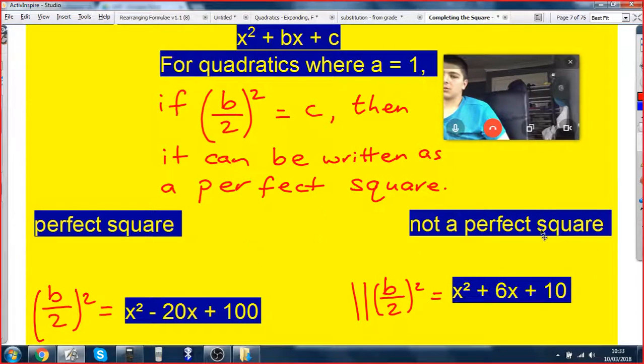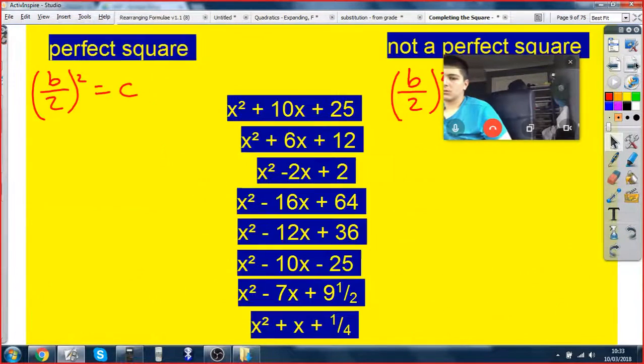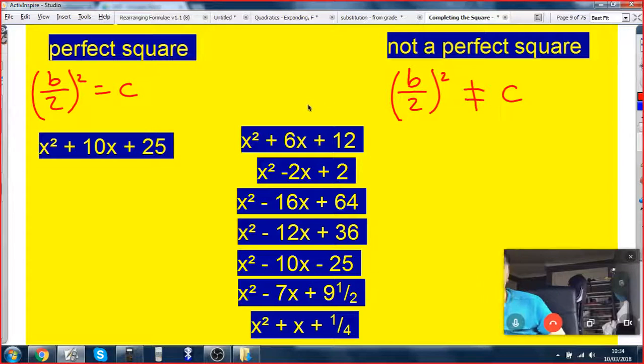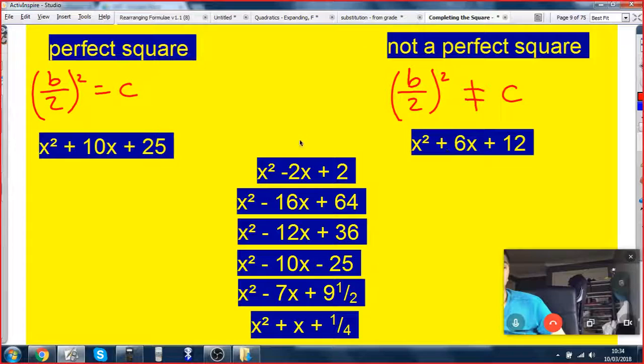No. So each of these, perfect square or not perfect square, left or right? Right. So, left. Yep. Right. Correct.